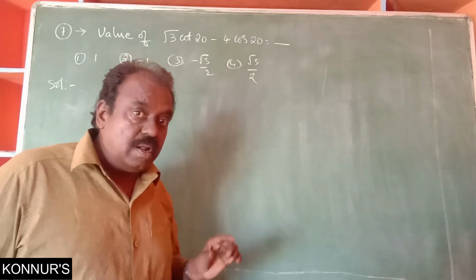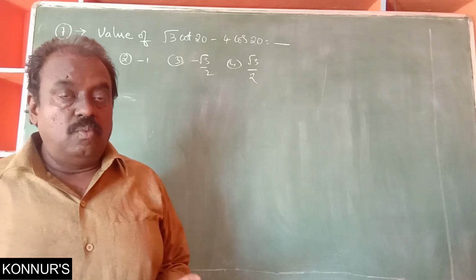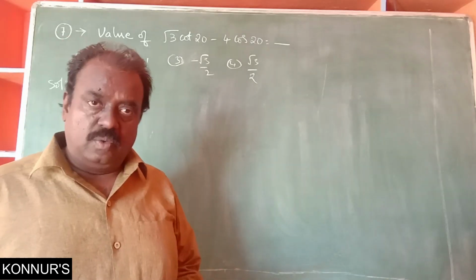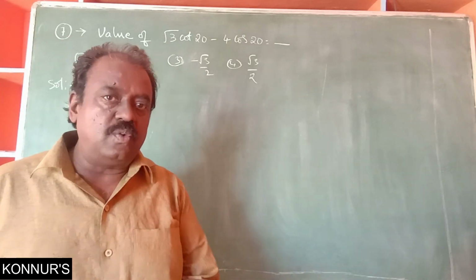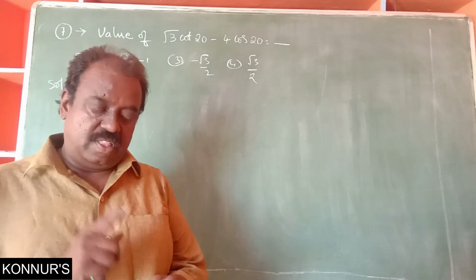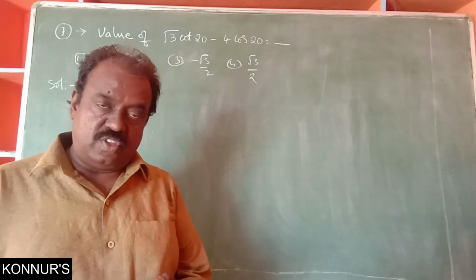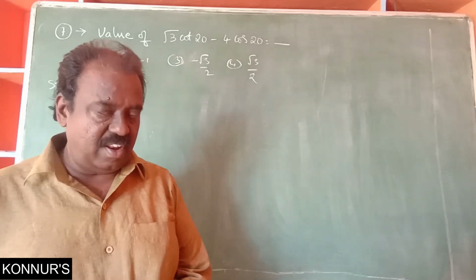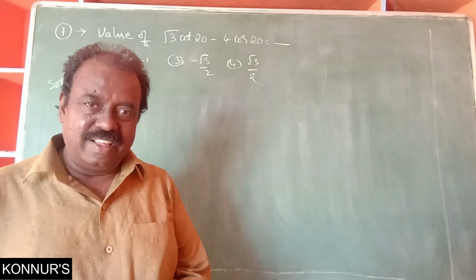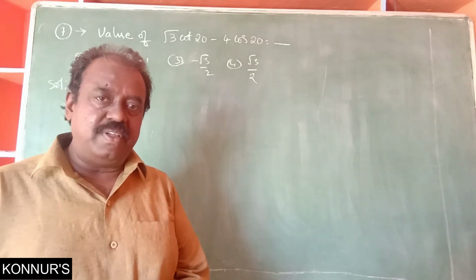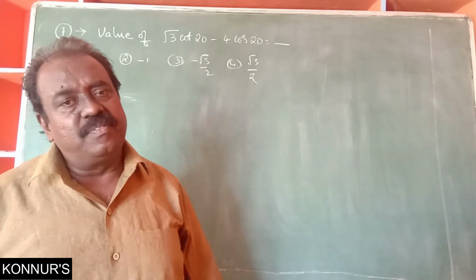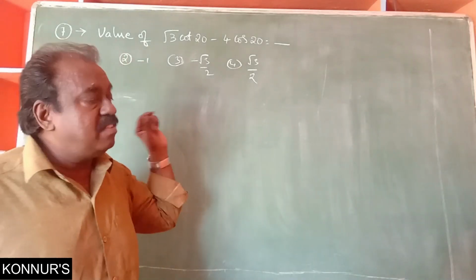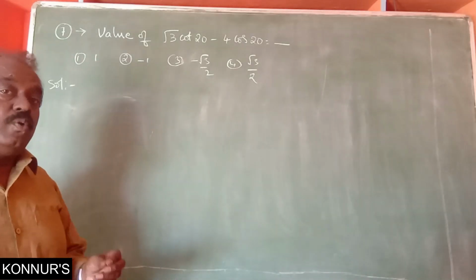In our trigonometric value table, we know sin for 0, 30, 45, 60, 90. But for 20, 40, 50, it's not possible to find. But the question is given like that. We use some technique.